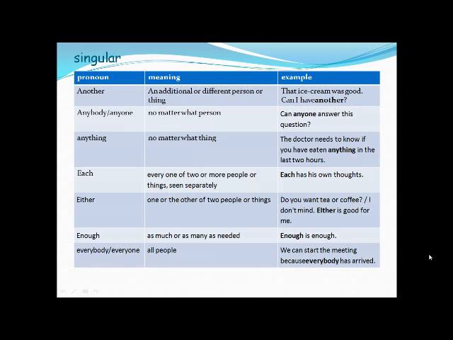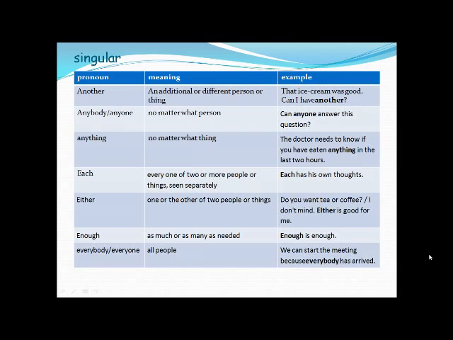The meaning is no matter what thing. For example, the doctor needs to know if you have eaten anything in the last two hours. And each. This means every one of two or more people or things, seen separately. For example, each has its own top.